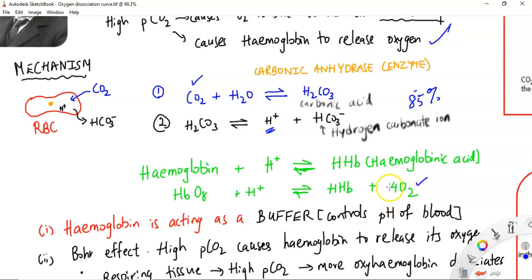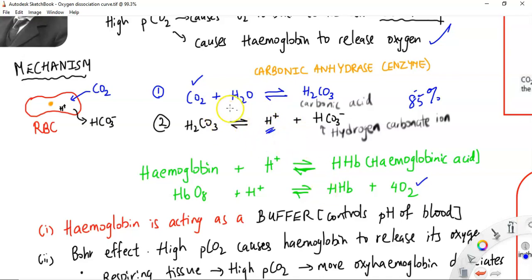So if your blood is oxygenated, you need carbon dioxide for that oxyhemoglobin to release its oxygen. It actually speeds up the process. It enables this to happen, all because of that hydrogen ion that is formed.